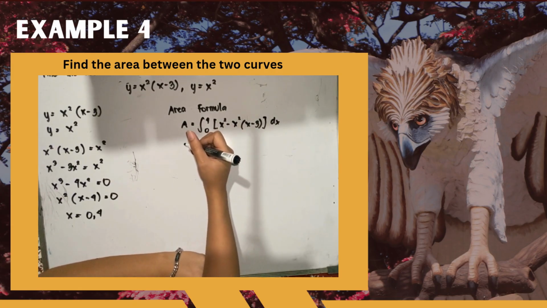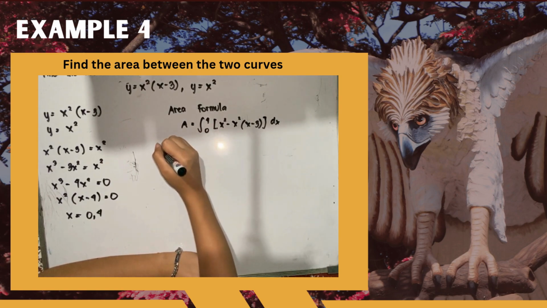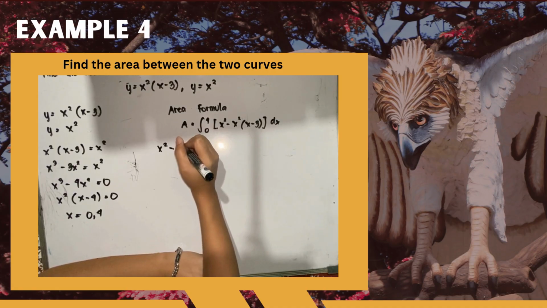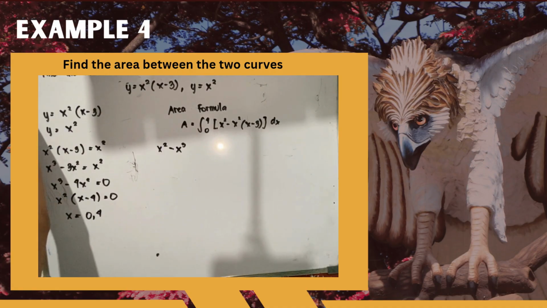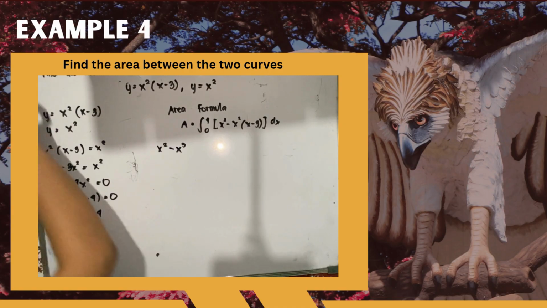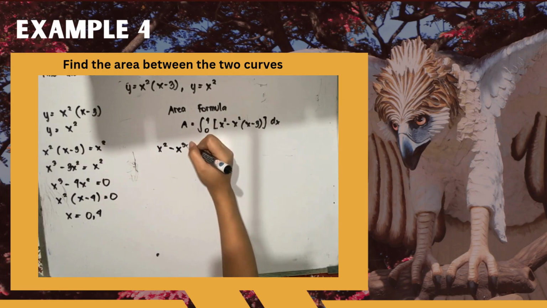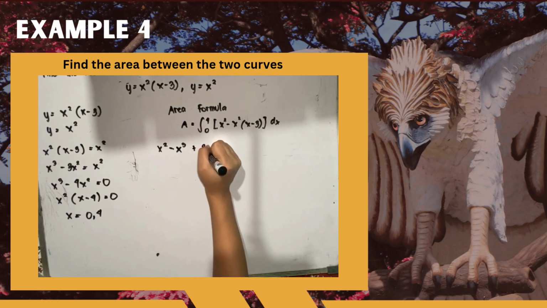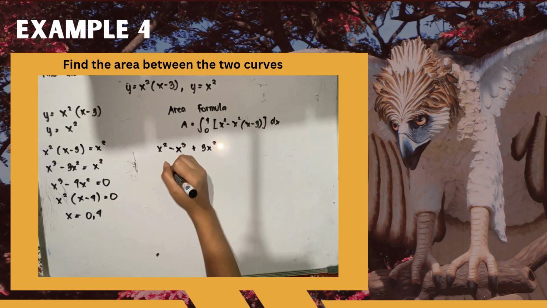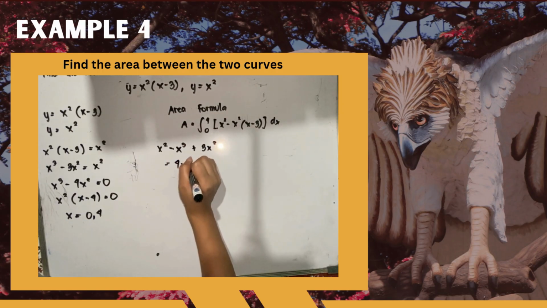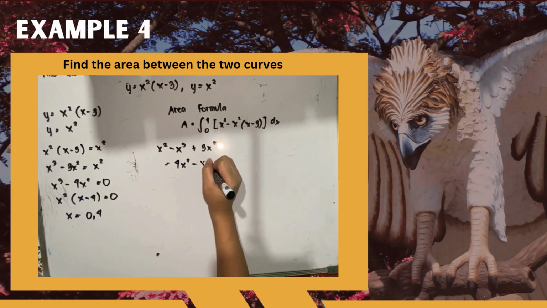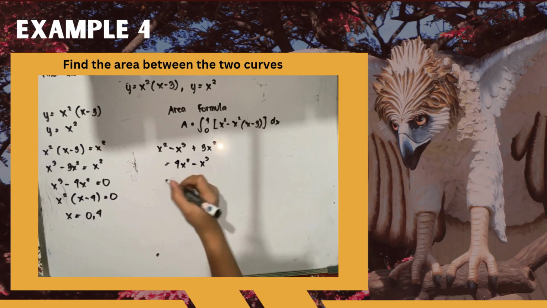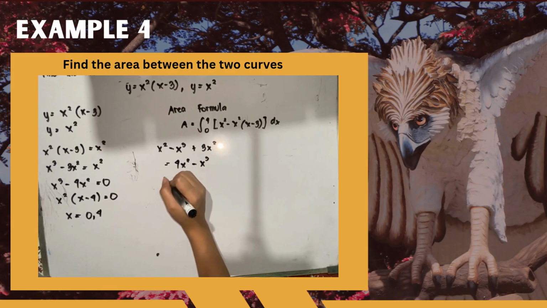Now we have x squared minus x cubed minus 3x squared, which equals negative x cubed plus 4x squared. So now we have to integrate.